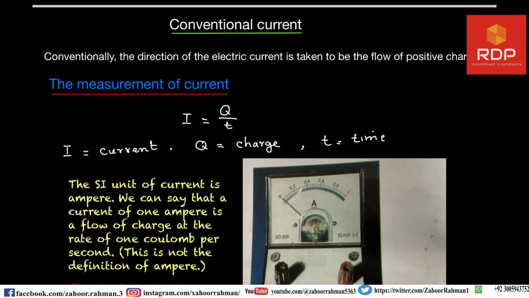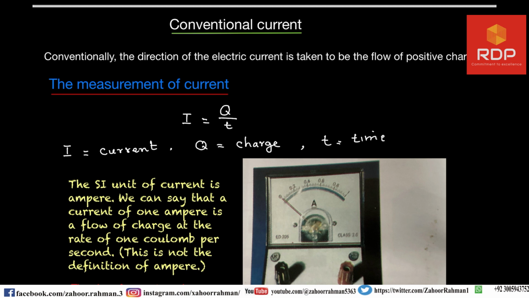Now let us talk about the unit of the current. Just as we have learned in the previous unit that the SI unit for the charge is the coulomb, which is denoted by capital C, the SI unit of the current is ampere, denoted by capital letter A. Therefore, we can say that a current of 1 ampere is a flow of charge at the rate of 1 coulomb per second.